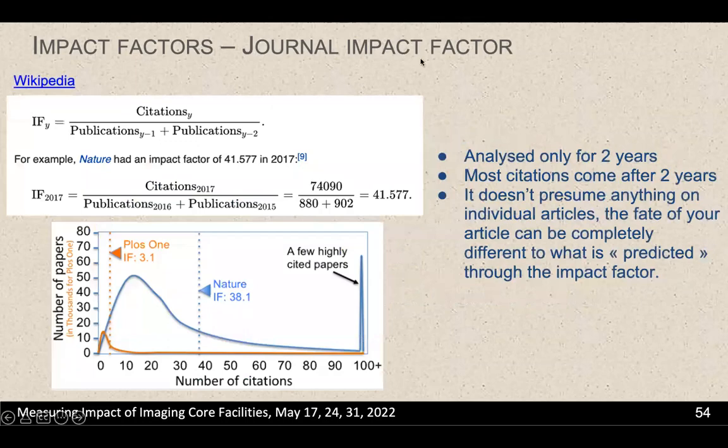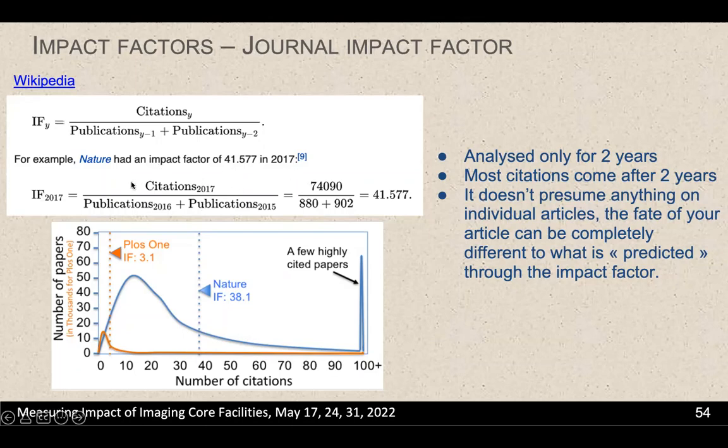The journal impact factor is measured over the last 2 years. So you take the citations of the year of interest divided by the number of publications of 2 years before and 1 year before. For example, Nature had 40,000 or so citations in 2017.